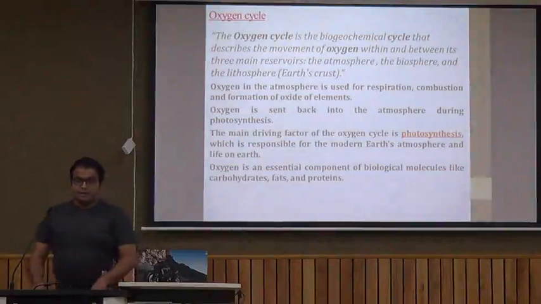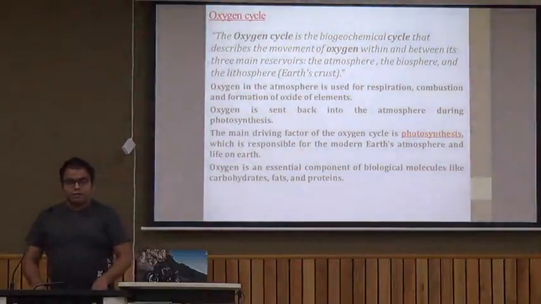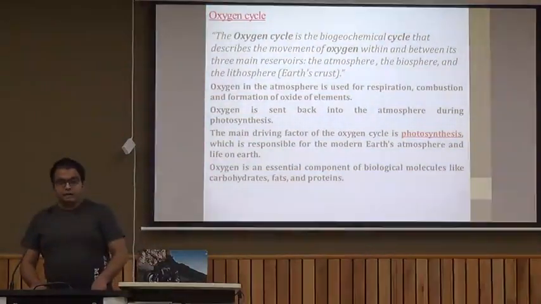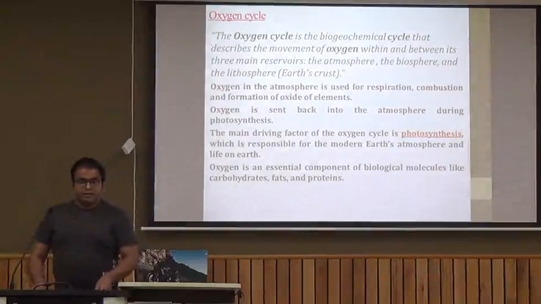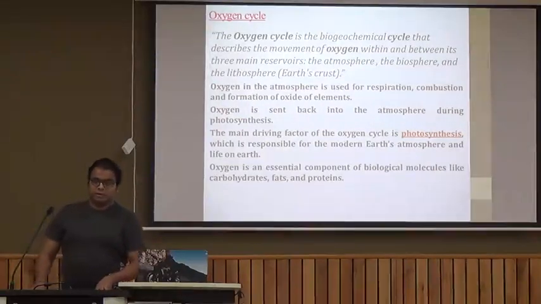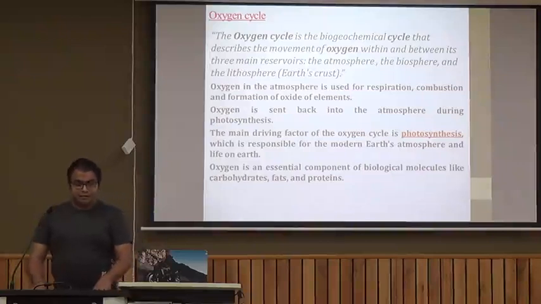In this cycle, oxygen is moved within the three main reservoirs: atmosphere, biosphere and lithosphere. Oxygen in the atmosphere is used for respiration, combustion and formation of oxides of elements. Oxygen is sent back into the atmosphere by photosynthesis from plants.